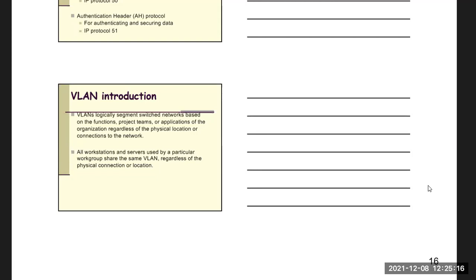It is basically the switch network used in the organization based on functions and applications, and the workstations used by a particular work group will share the same VLAN. Okay.